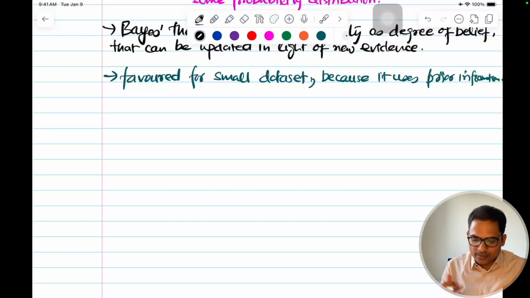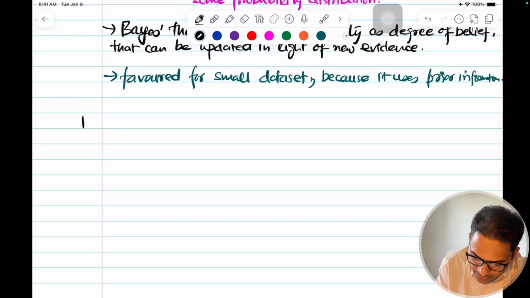There are others also, called method of moments, which uses the moments of the underlying distribution: the first moment is the mean, the second is variance, the third is skewness, the fourth is kurtosis. These are the four important moments, and based on them they make an estimate. I'll not discuss that, as it is not so popular. The popular one is the maximum likelihood estimator, MLE.